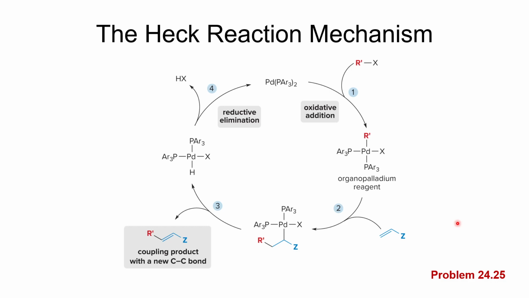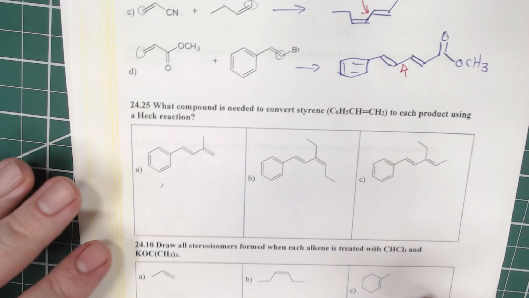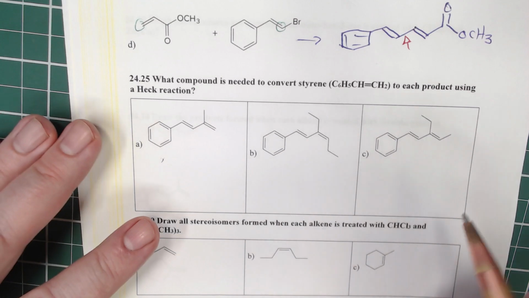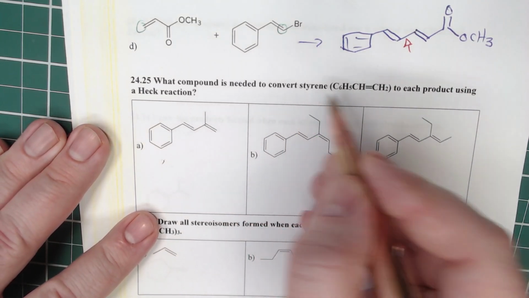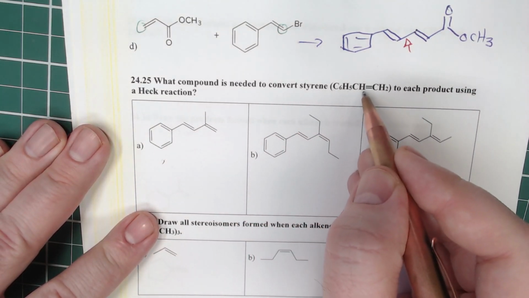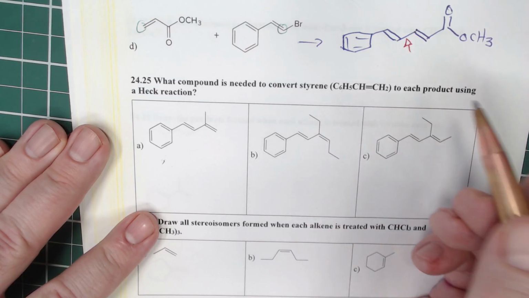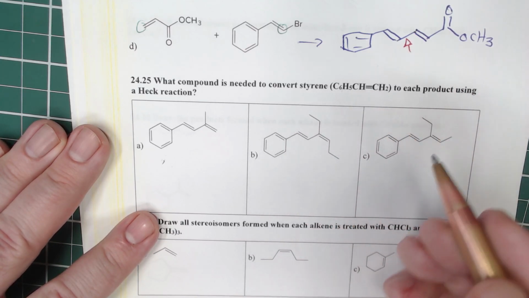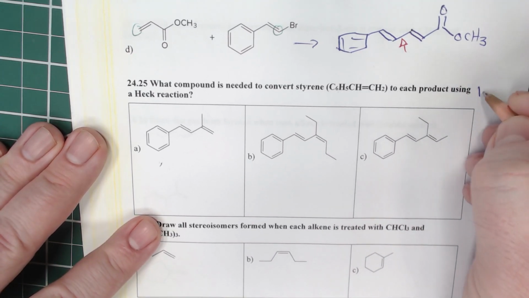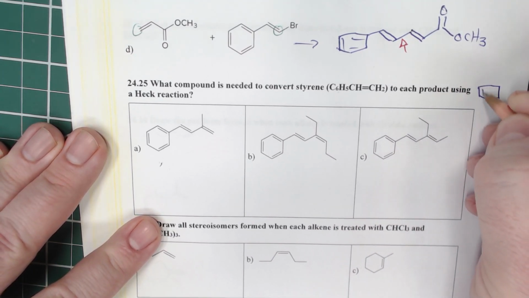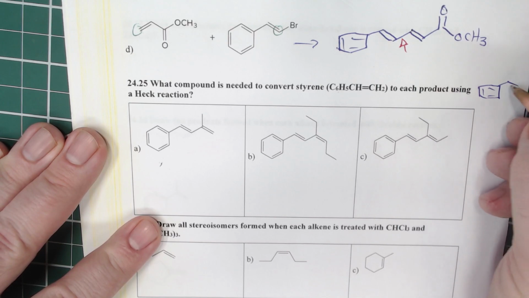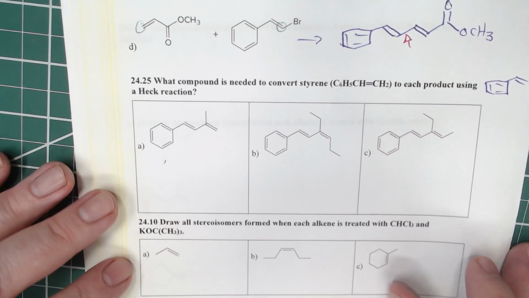So switch over here. All right, so we want to convert styrene, so that is our alkene. We have an aryl alkene attached to that. So this is going to be the carbon, and just so everybody's clear, that is styrene.